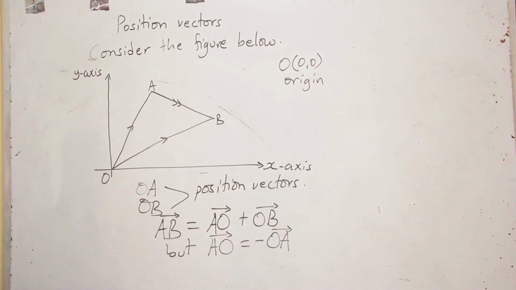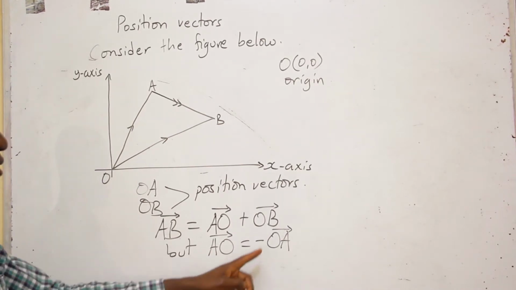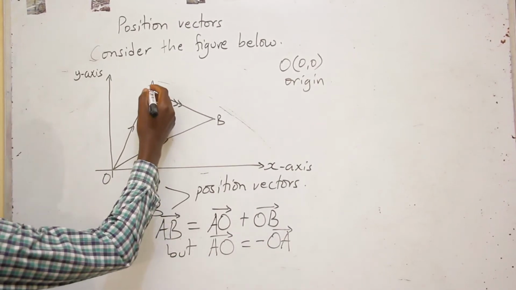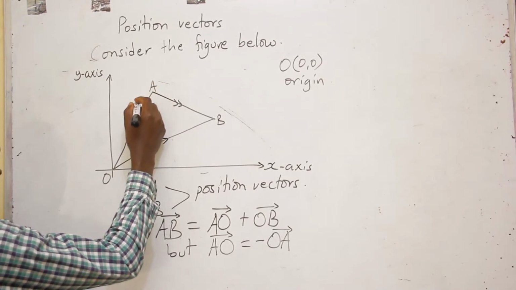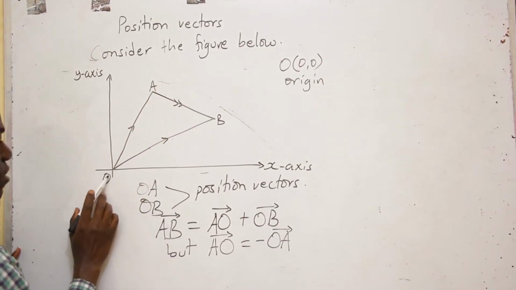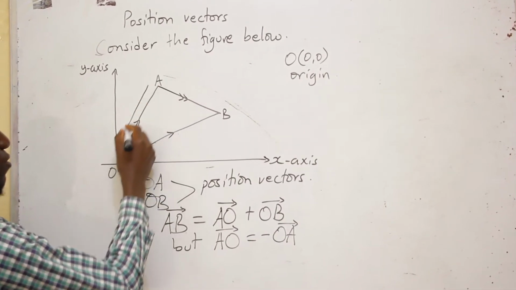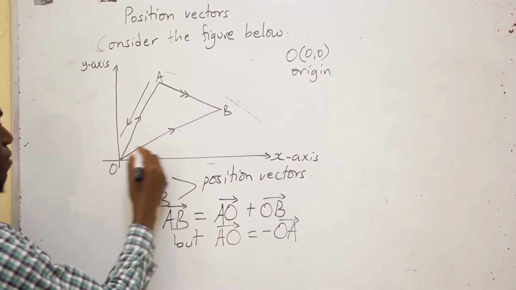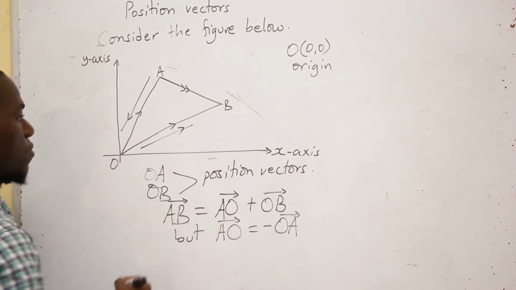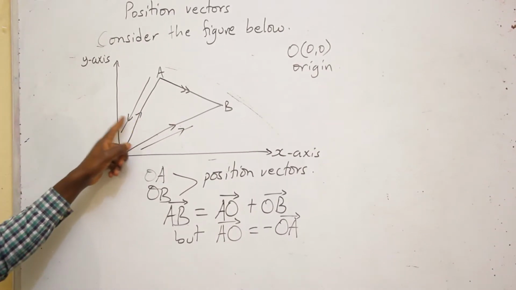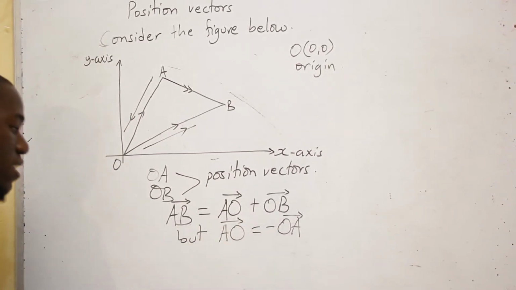But I know my AO is now the negative OA, because the direction at first was from O to A, but now this person is going that side. So this change in direction is the negative.